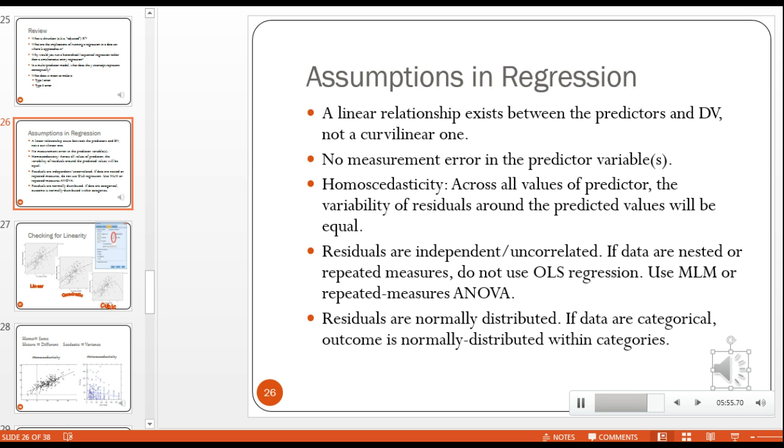Let's say we measure the same individual across time on the same variable, because we're looking for changes over time. That person would have correlated errors because it's the same individual over time. And so regular OLS regression doesn't work well for time series designs, longitudinal designs, and also for nested data, where again we have people nested within teams or groups.